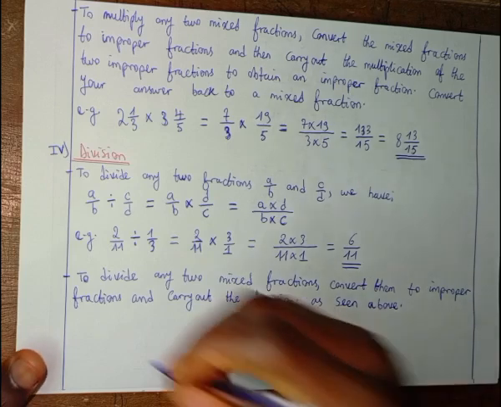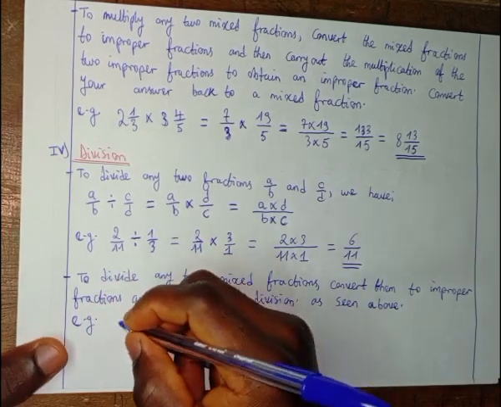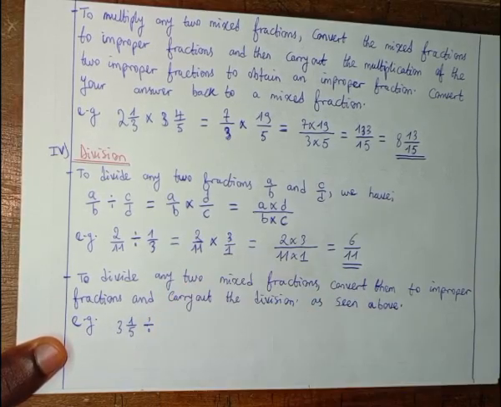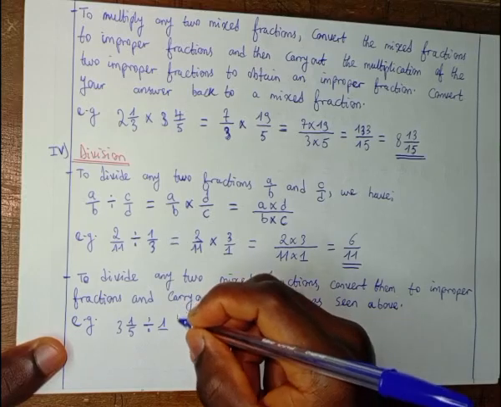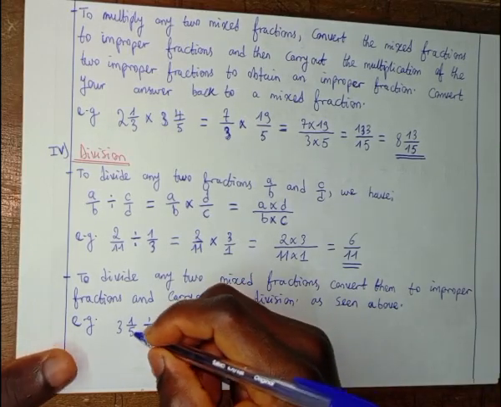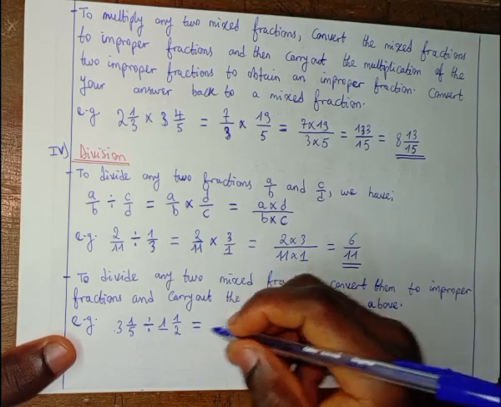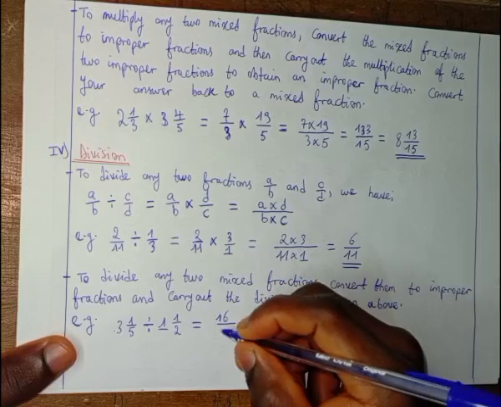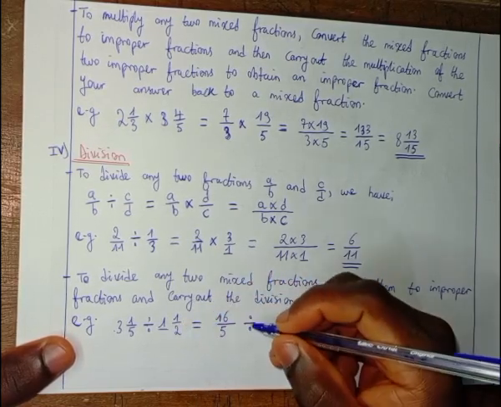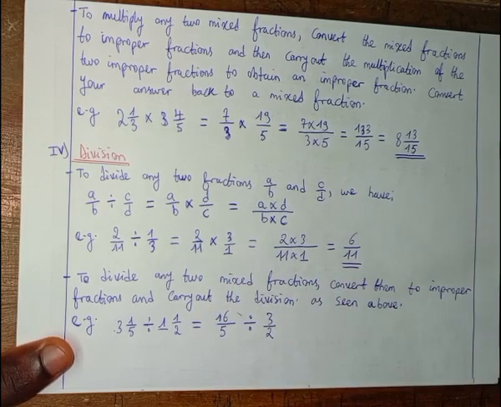Let's take an example, e.g. we take 3 and 1/5 divided by 1 1/2. This will simply be equal to 5 times 3 gives us 15, 15 plus 1, 16 over 5, divided by 2 times 1 is 2 plus 1, 3 over 2.